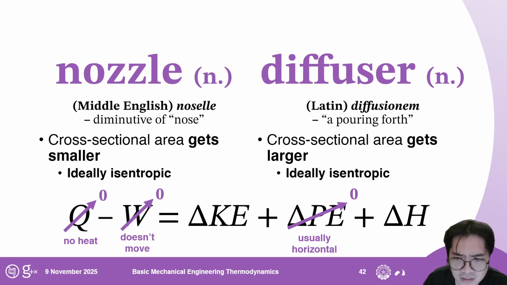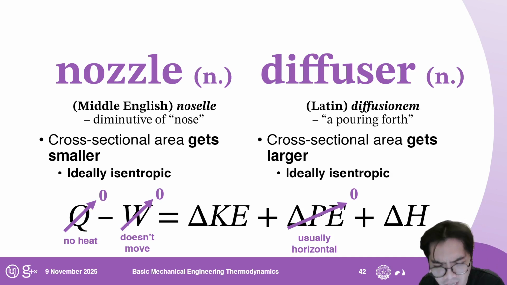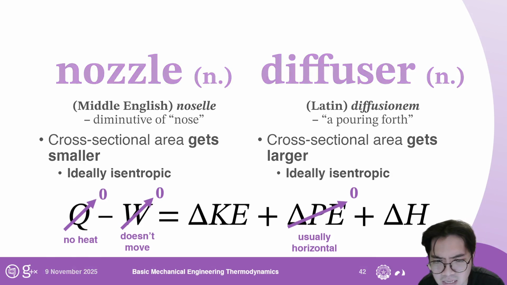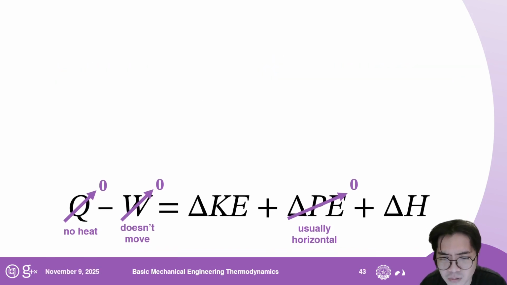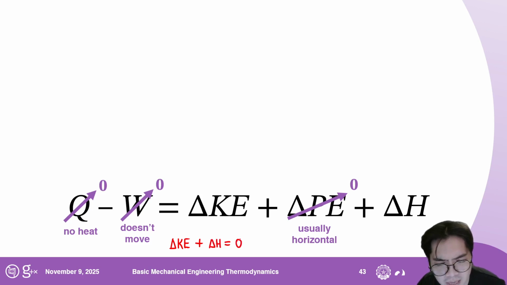That means there is now a relationship between the kinetic energy and the enthalpy. If we write this down, delta KE plus delta H is equal to 0. So that means that when one goes up, the other must come down.